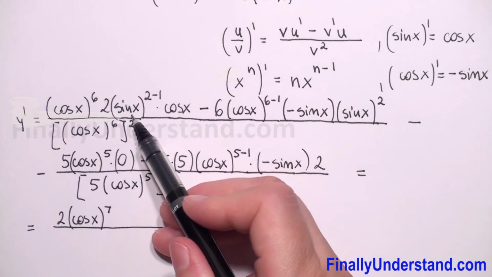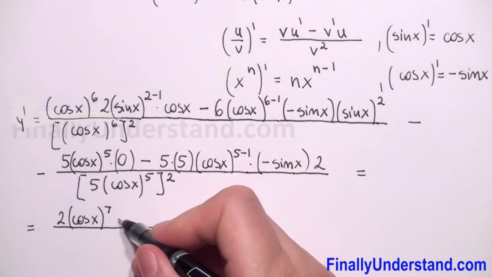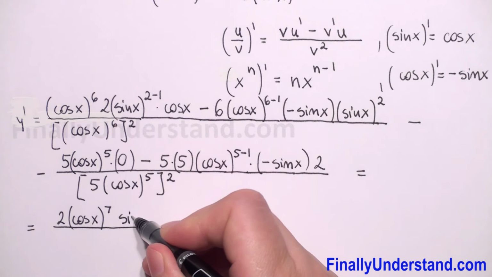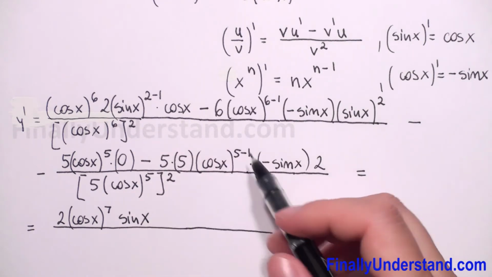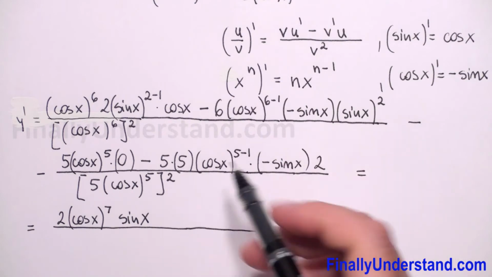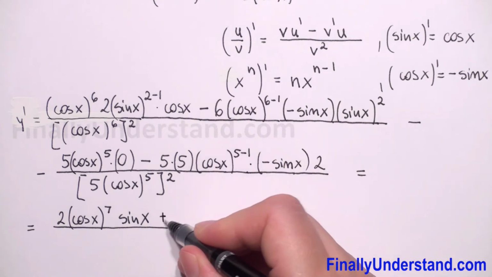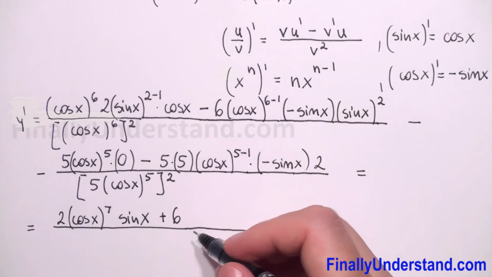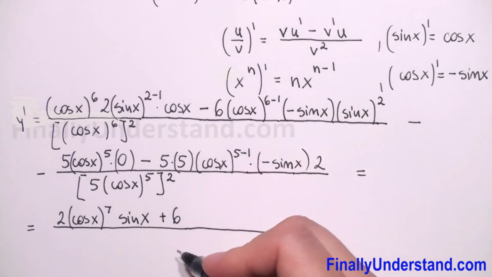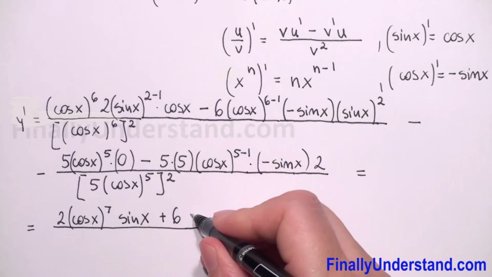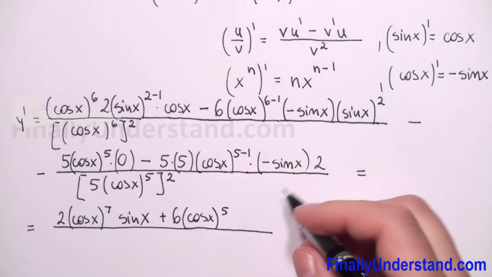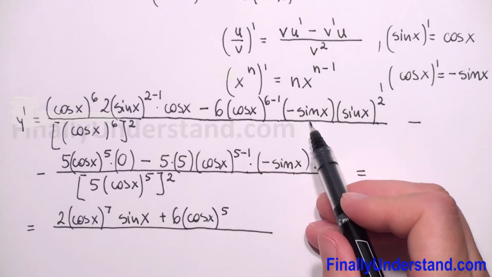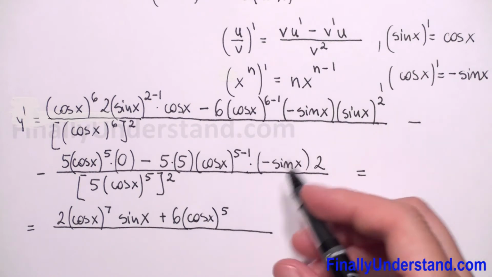And we have sine of x to first power, so it will be just sine of x. Next, we have negative times negative, which will be positive. We have 6 cosine to power 5 times sine of x times sine of x to the second power.